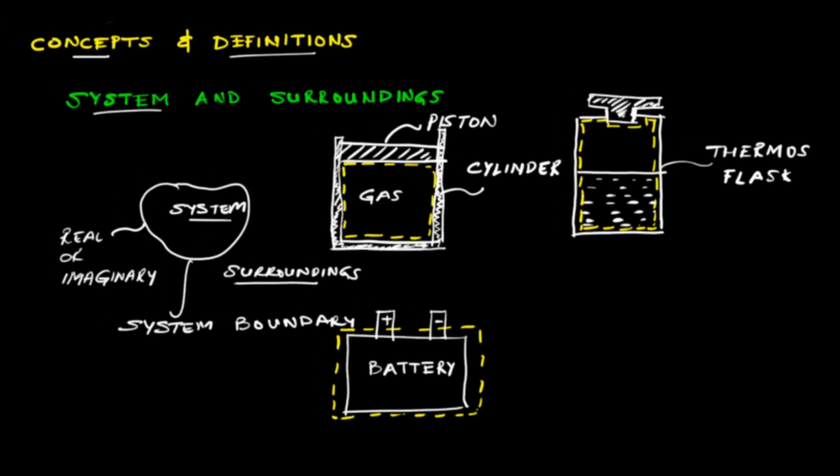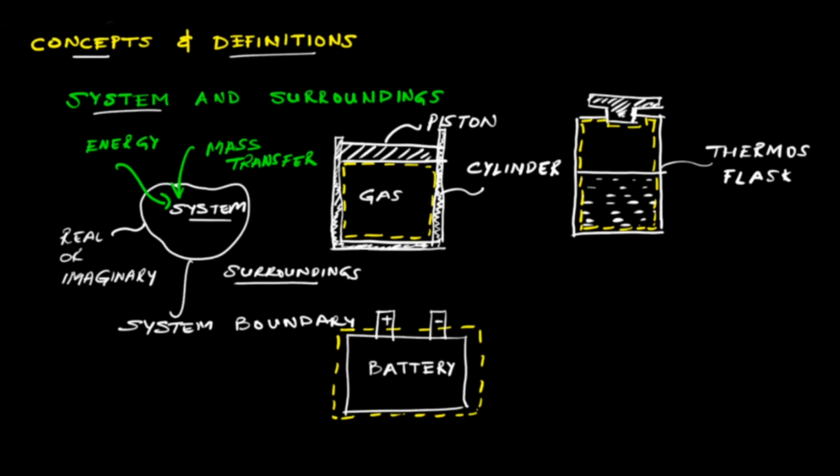So the examples that we have seen over here are those where there is no mass transfer across the system boundary. In general, there can be mass transfer across the system boundary, and there can also be transfer of energy. So the definition of system and the system boundary is very general, and the system boundary can allow mass and can allow energy transfer.